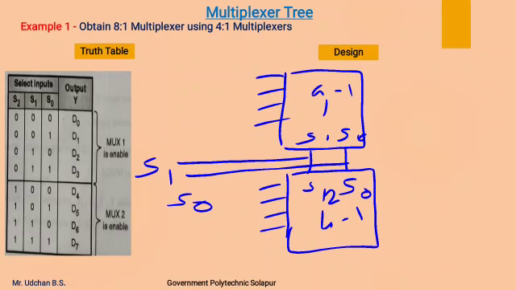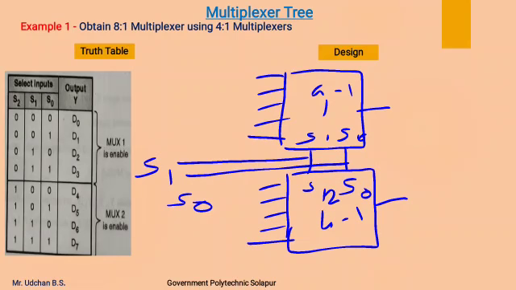After that, we have to take care that only one multiplexer is enabled at a time, so that only one input can appear over the output line. This is the output line of the first, this is the output line of the second. This can be done using the enable pin of both multiplexers.